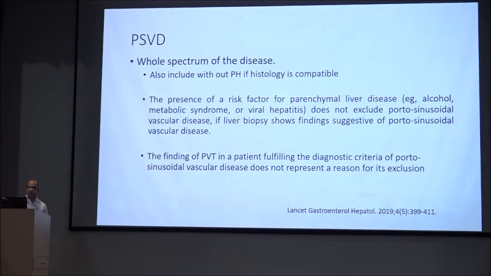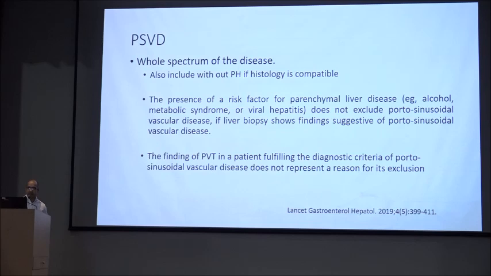So the newer term devised is portosinusoidal vascular disease. It includes patients without portal hypertension if histology is compatible, patients with portal vein thrombosis, and patients with coexistent other liver disease like alcohol, metabolic, or viral disease if the histology is compatible.